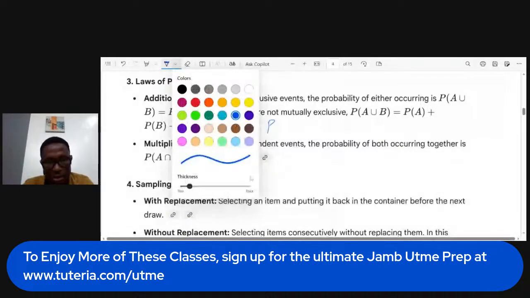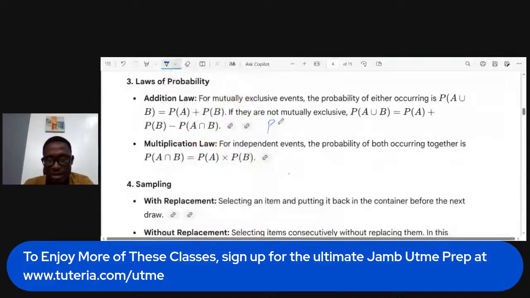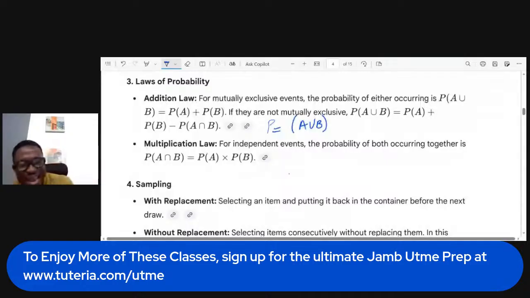So if I have P, that is, probability is represented by P, all right, don't forget. P of A union B. What I'm saying is that probability that A or B will occur, that's what it means, A union B. A intersection B is saying probability that A and B will occur together.